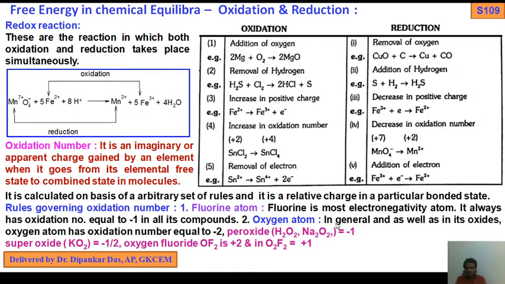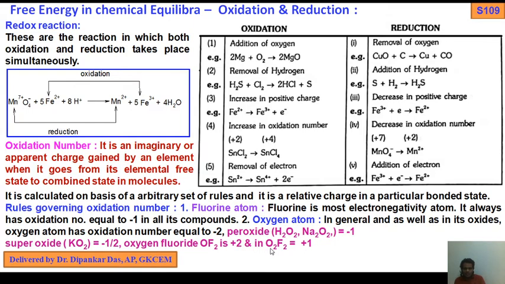In case of oxygen atom, in general and as well as in its oxides, oxygen has oxidation number equal to -2. Generally we know the oxidation number of oxygen is -2, but you should remember in case of peroxide, like H2O2, it is -1, in superoxide it is -1/2, in oxygen fluoride OF2 it is +2, and in O2F2 it is +1. We should remember this, very important, it will come as an MCQ question.